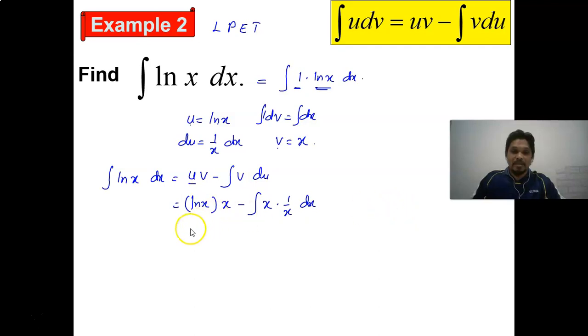Then simplify: x natural log of x minus the integral of 1 dx, which is x natural log of x minus x plus c.